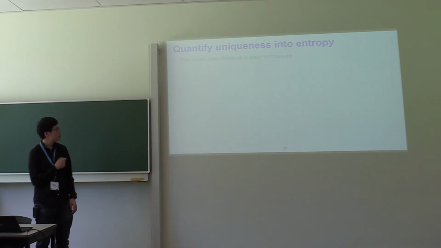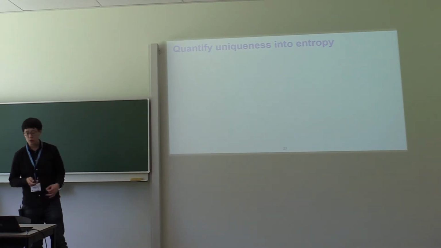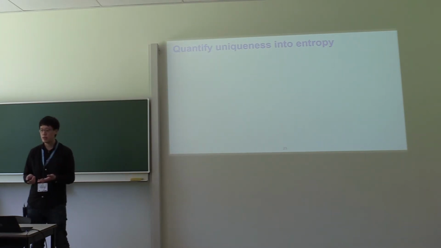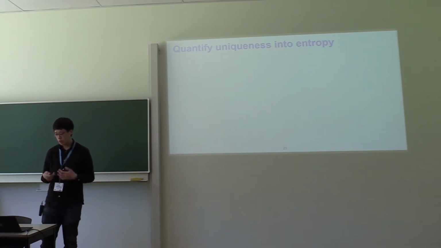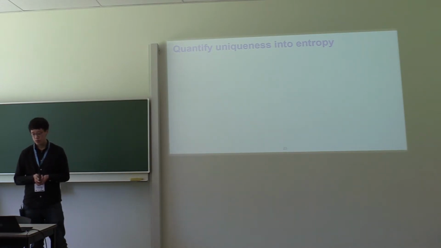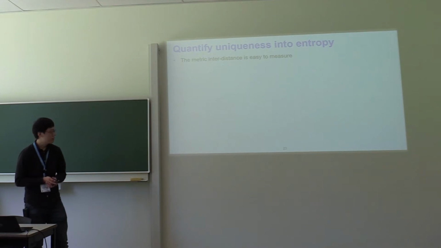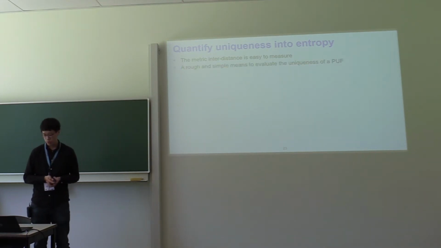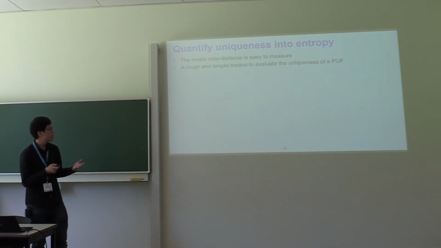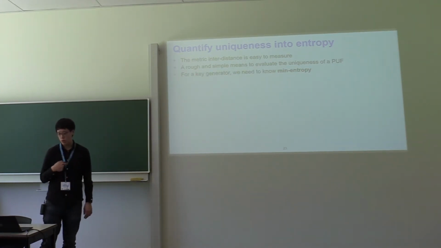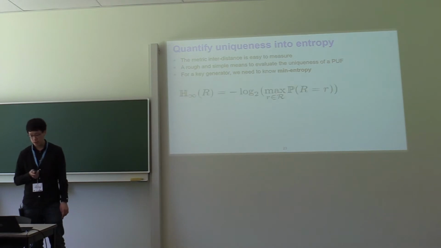But as I said, with a weak PUF we want to use it to generate a secret key, and for that you need to know its entropy. To go from the Hamming distance to entropy, we need to estimate how much entropy it actually has. For a key generator, we also need to know the min-entropy, as Vladimir just mentioned.